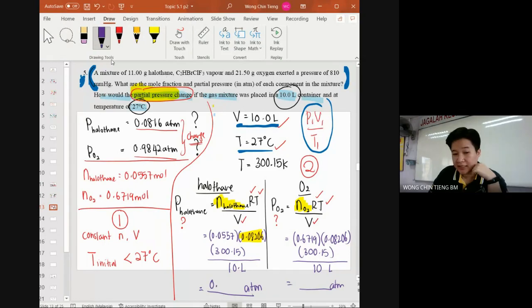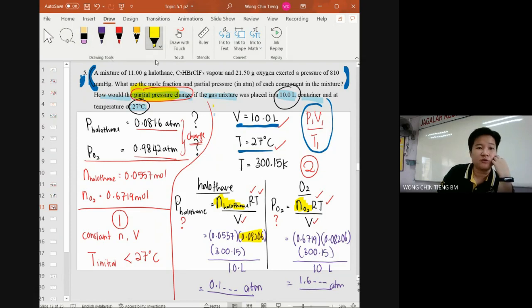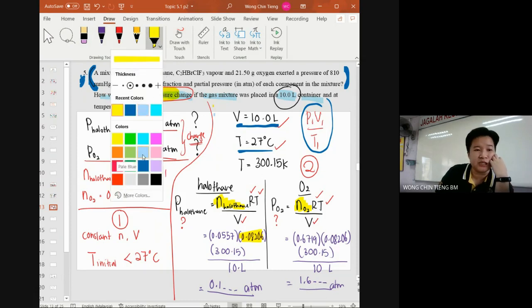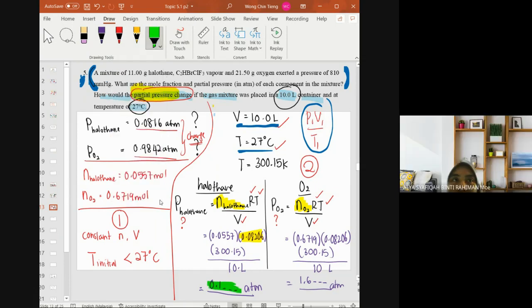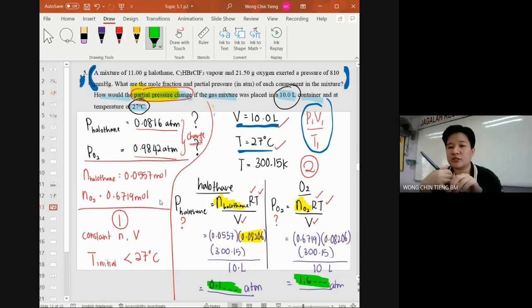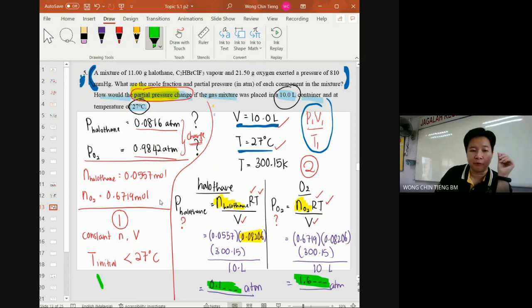Saya tak bagi jawapan akhir sebab jawapan kat depan tu pun kamu dah akan nampak dia lagi tinggi. Okay, so kalau pressure lagi tinggi, kenapa temperature akan jadi rendah? Sebab pressure directly proportional to temperature.